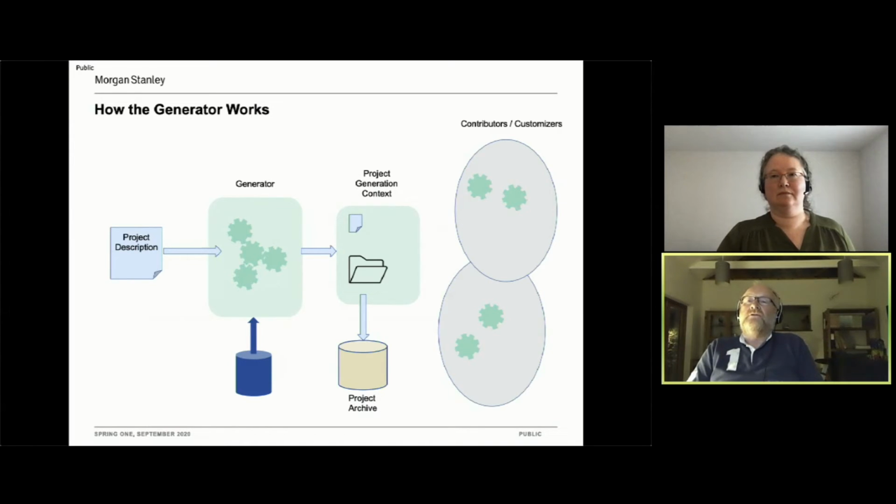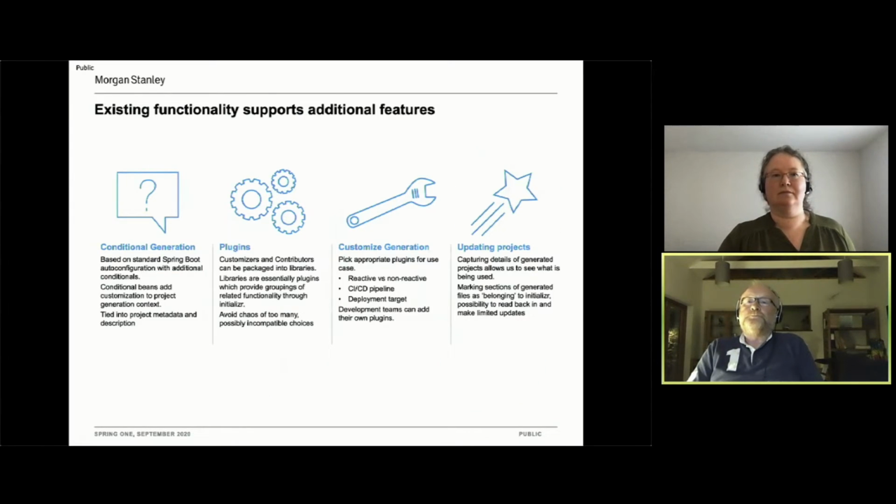So there's a lot of interesting possibilities opening up at this point. So you can see we're leveraging essentially the basic capabilities of Spring Boot and the existing Initializer platform to do what we think are helpful things for our developers.